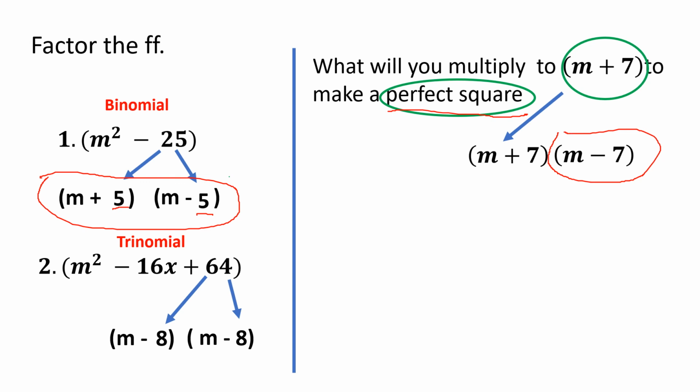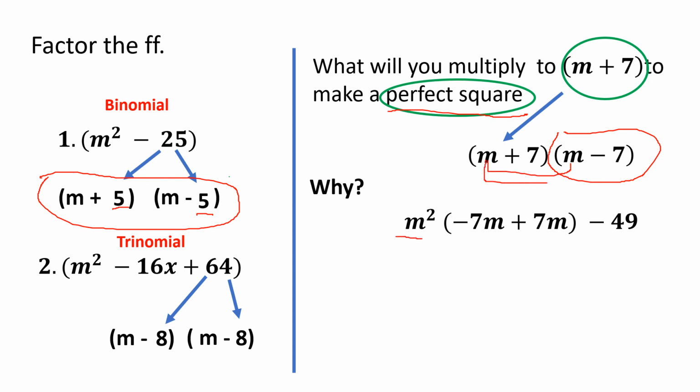Now, kung nagdududa ka at gusto mong malaman kung talagang tama ang iyong sagot, just check your answer. Just multiply m plus 7 and m minus 7. And if we multiply that number, tingnan natin dito, m times m, that is equals to m squared. You have m times negative 7, that is equals to negative 7m.